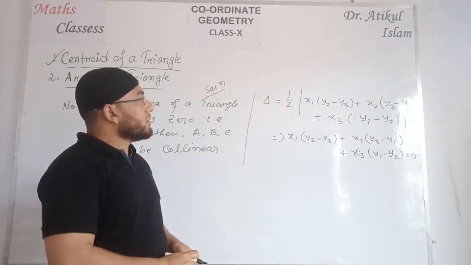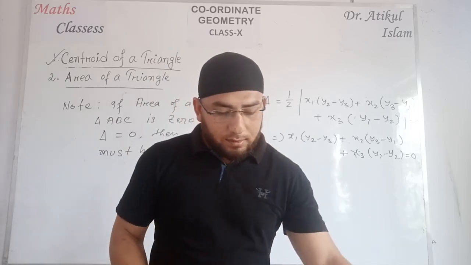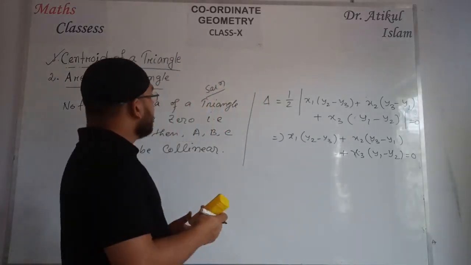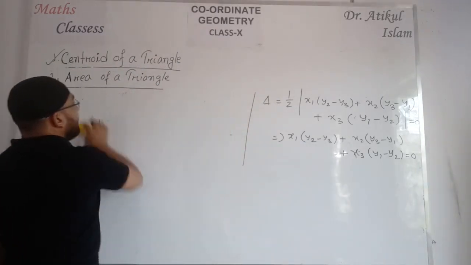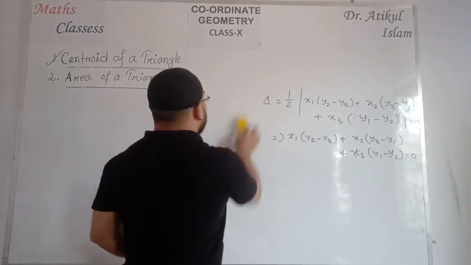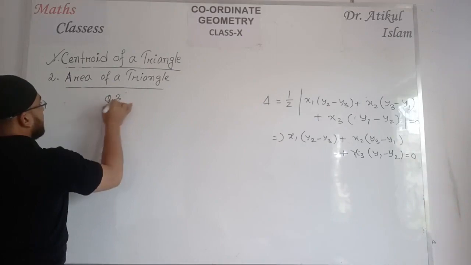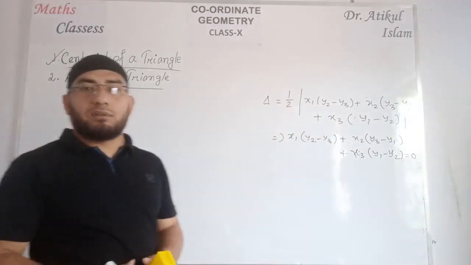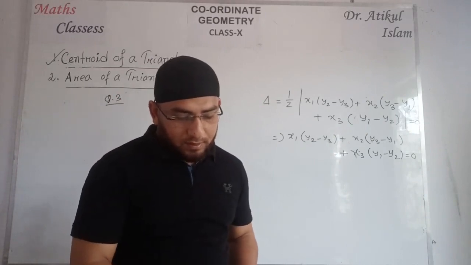Okay. So let us take one example: if the area of a triangle is 0, then find the value of some unknown constant. So let's take one example.